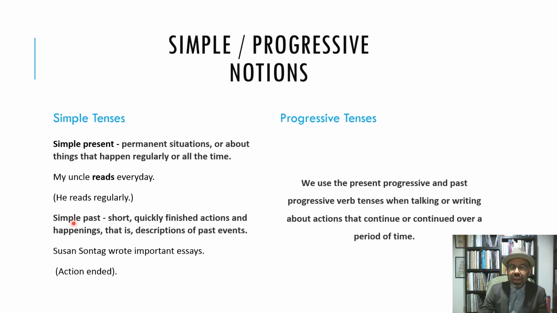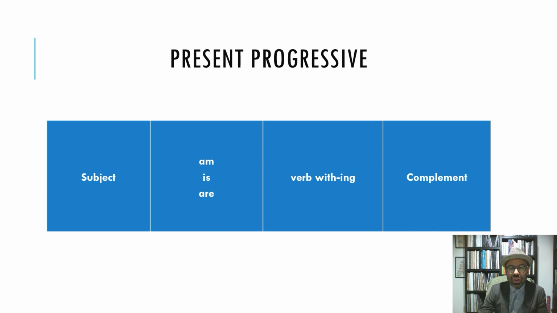What about progressive tenses? Well, we use progressive tenses in order to talk or write about actions that continued over a period of time. Let's go deeper into the present progressive. This is the form of the present progressive. First, you need a subject that could be a noun.